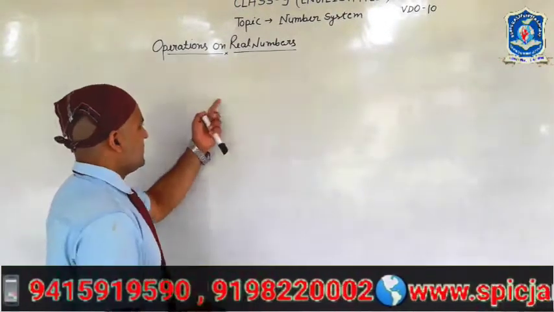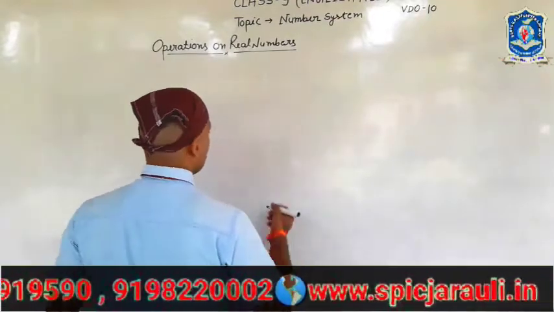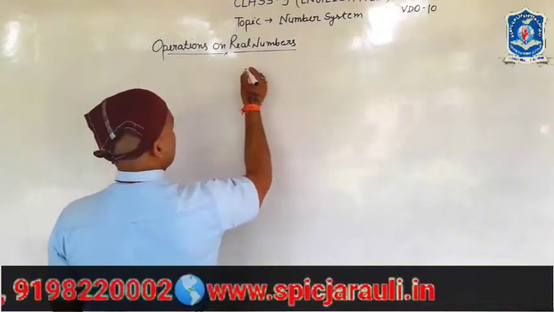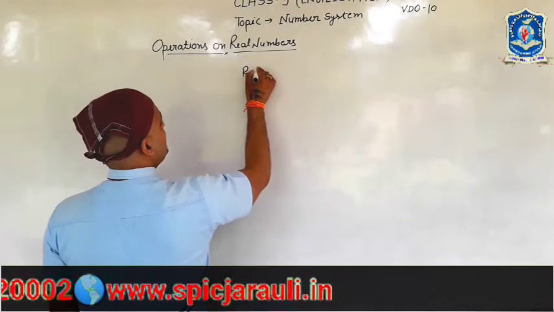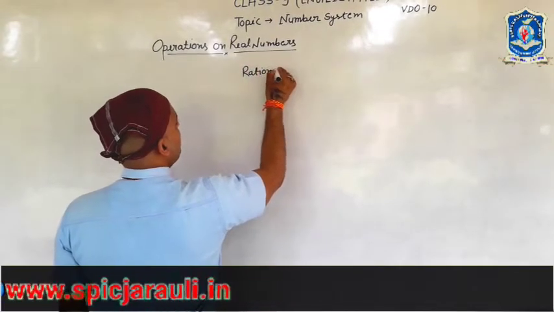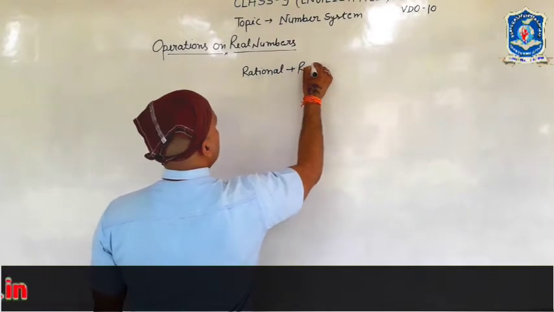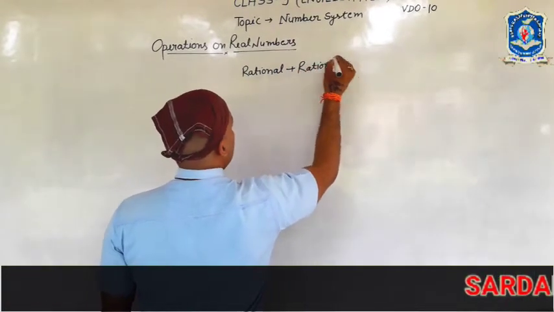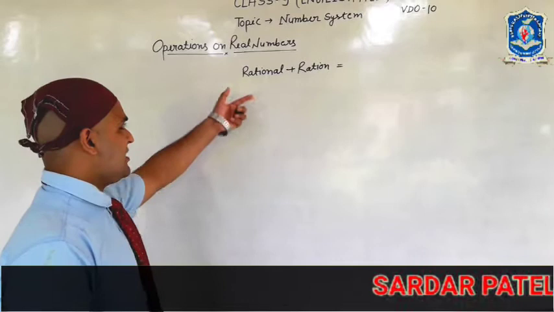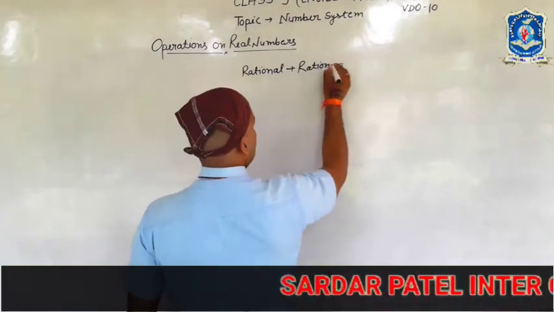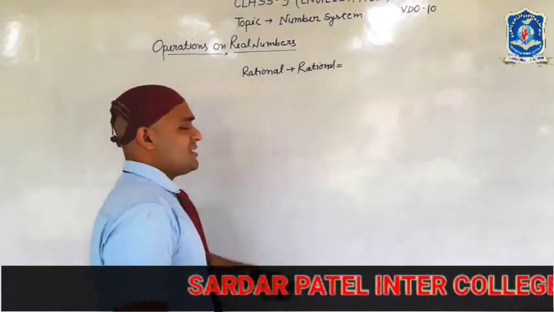If we add rational plus rational, what is the result?